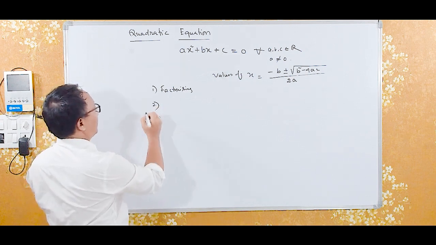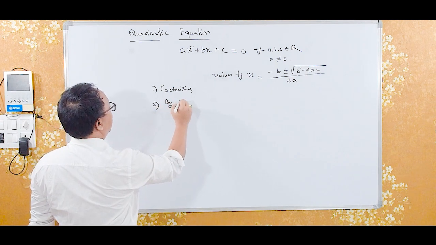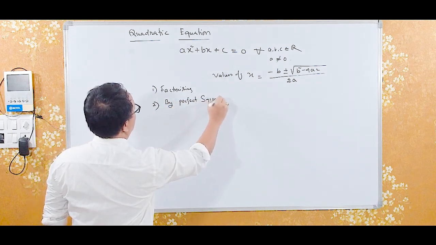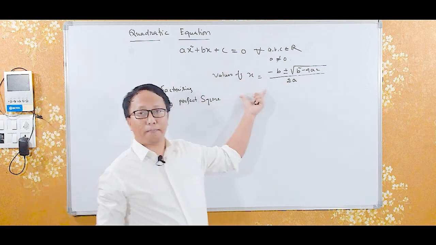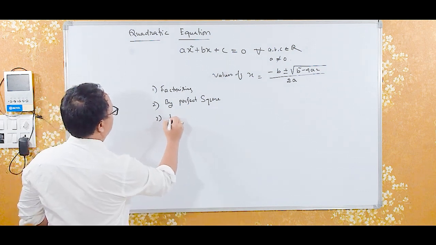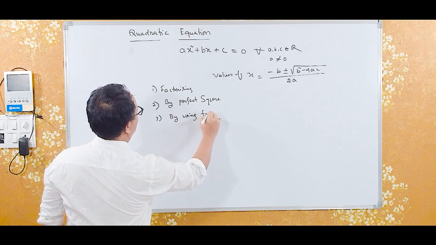Second one is by the perfect square method. And the last one is by using this quadratic equation formula. Number 3, by using the formula.